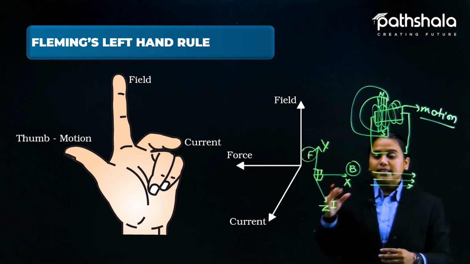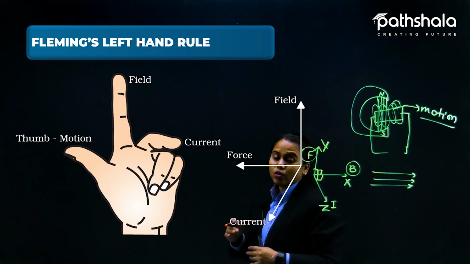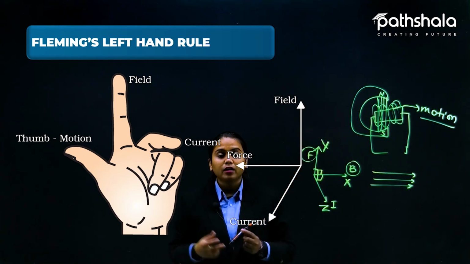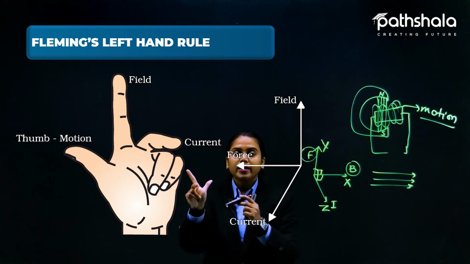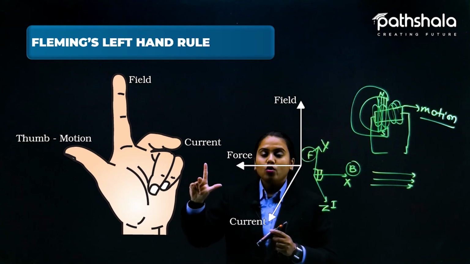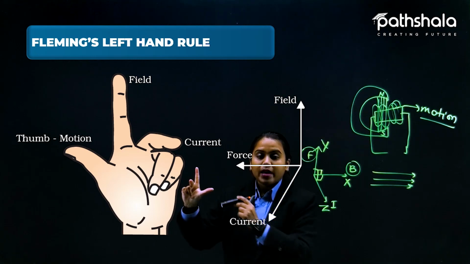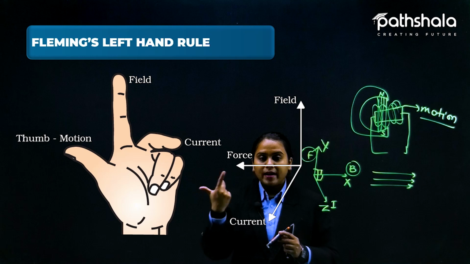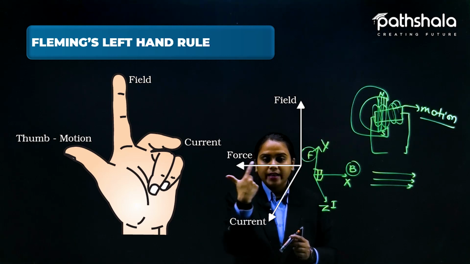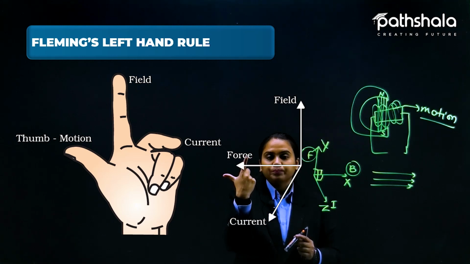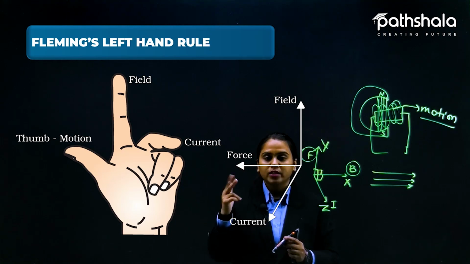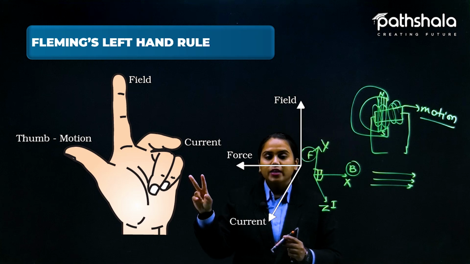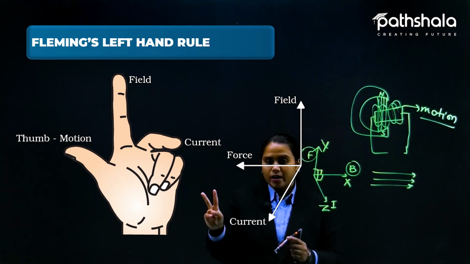So this is what Fleming's left hand rule tells us. You just have to remember FBI as putting your fingers like this. The F portion is for the thumb. If we don't know the force, we can put these two fingers in the direction of the current and the direction of the magnetic field.